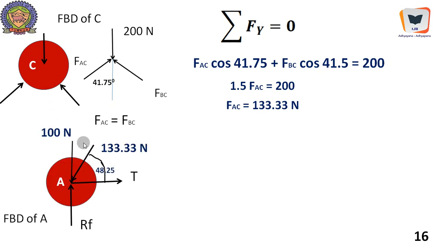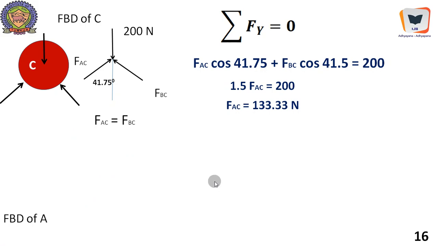Now, this is the reaction offered by the top sphere to the bottom sphere. You could have called it FCA, but anyway, we know the value, therefore we have replaced it. This angle we have already identified to be 48.25, because 41.75 plus 41.75, 180 minus 2 times 41.75, divided by 2, is the angle left over in that particular triangle.